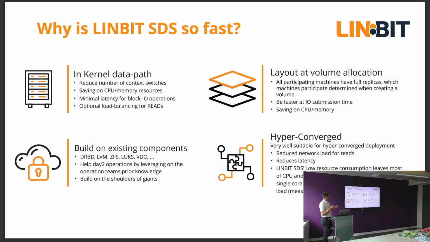And the thing about LINBIT SDS is we reuse all the building blocks from the Linux environment. So we use LVM or ZFS, you can have LUKS in the mix, VDO for deduplication in the LVM context, and caching too, but I will get to that later.